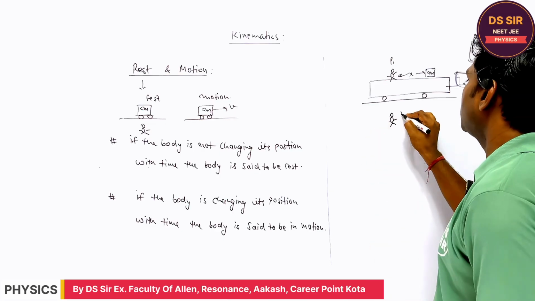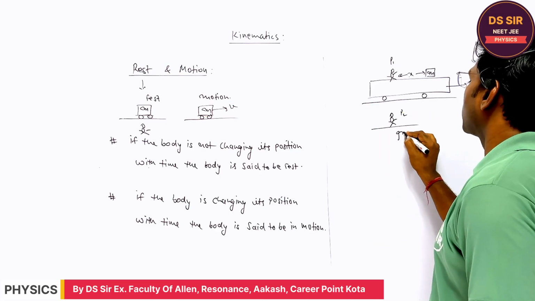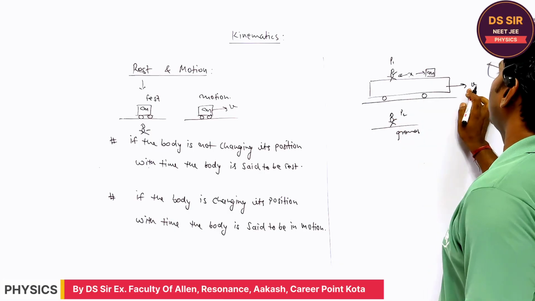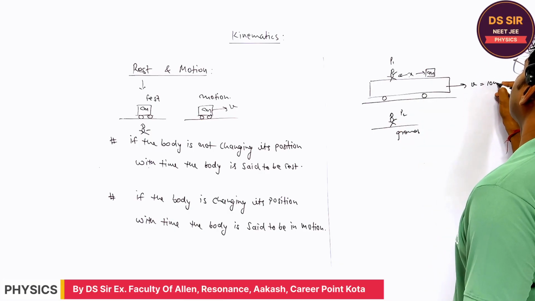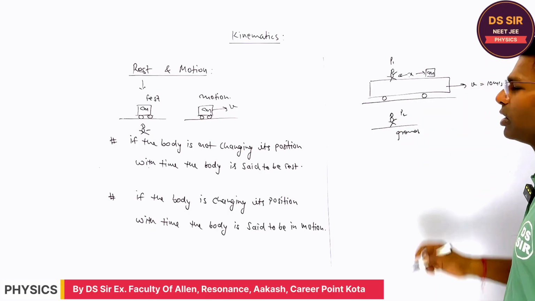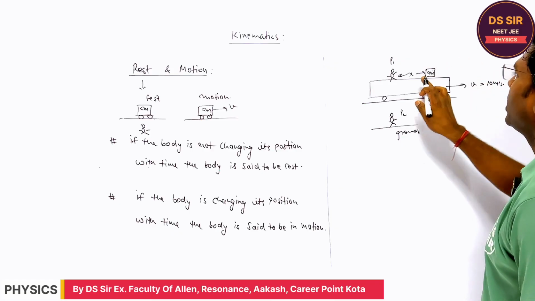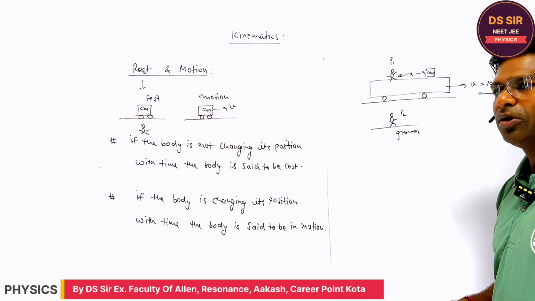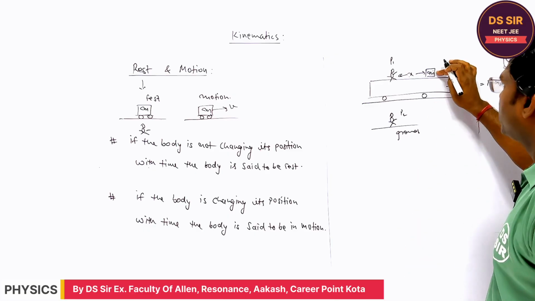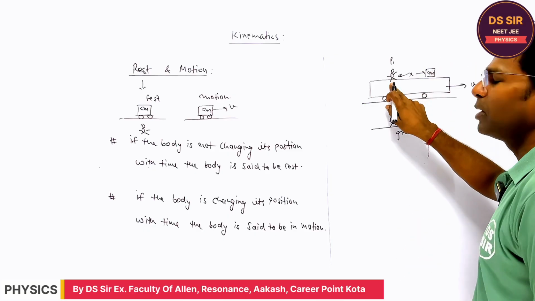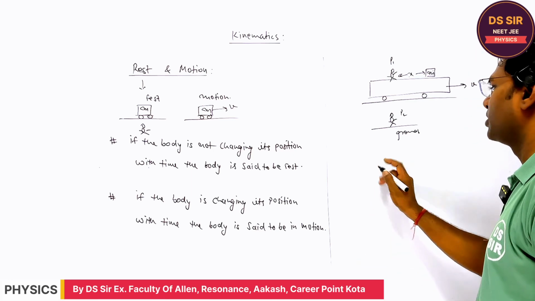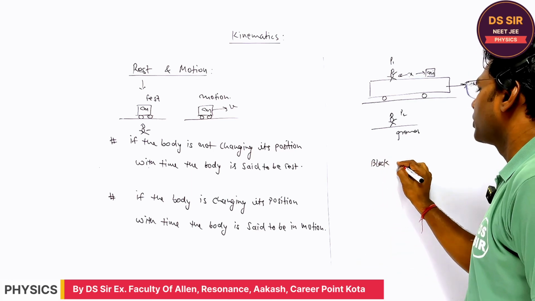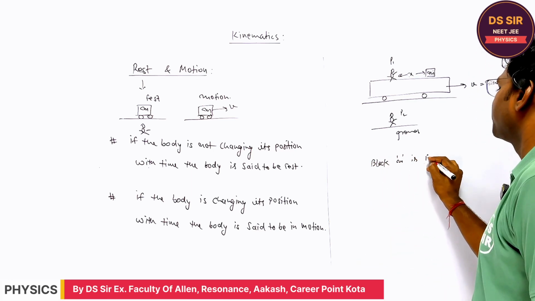The person P2 is standing on the ground, on the road. The cart is moving with speed 10 meters per second, suppose. Is it clear or not? And this block is not changing position with respect to the person. Are you getting or not? So the block M with respect to the person is at rest.